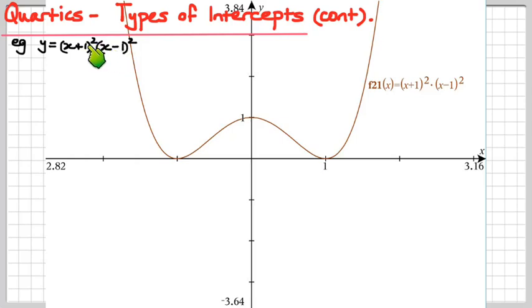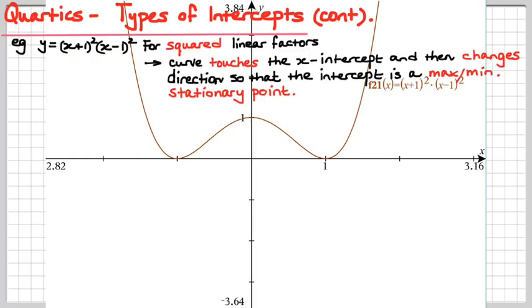They're squared linear factors, if you like. Now, because there's no minus sign out the front, this is a right way up quartic, so you get the classic W shape. So what have I said? For squared linear factors, the curve touches the x-intercept, then changes direction, so that the intercept is a max or min stationary point.